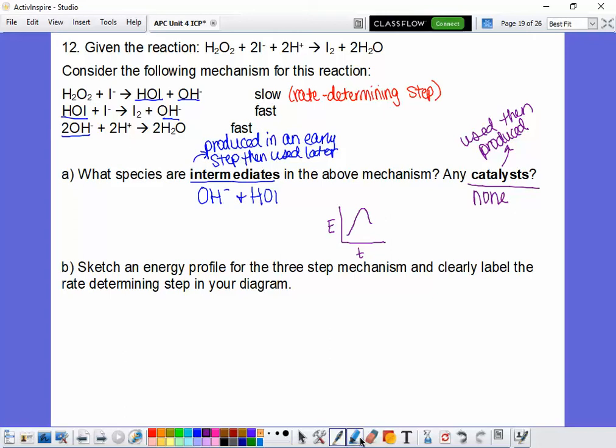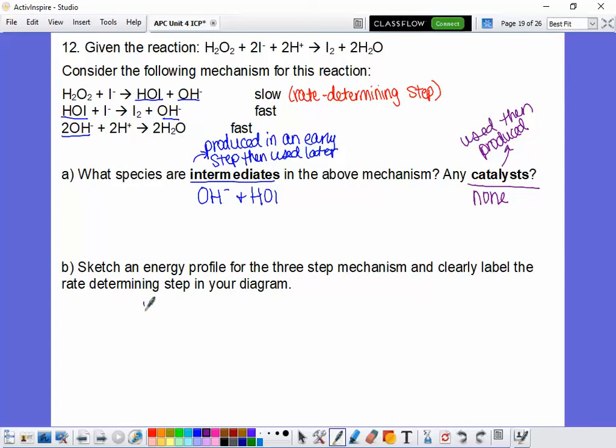When we have a multi-step mechanism, you're going to have a peak for every step. Okay, so how many peaks are we going to have? 3. And the reason the slow step is slow is because it requires the most amount of energy for it to occur. That's what causes it to be the slow step. So which peak is going to be the highest?